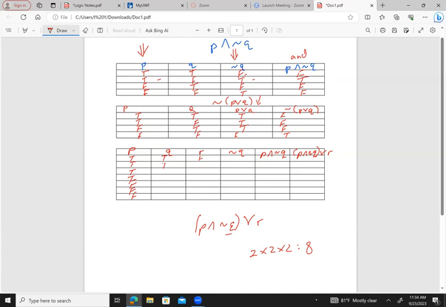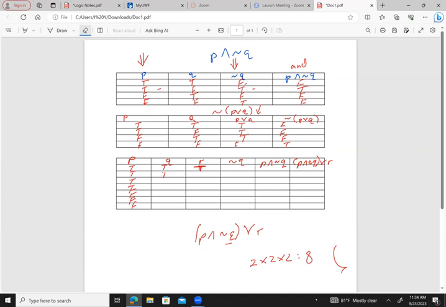True, true. True, false, false, true, false, false.